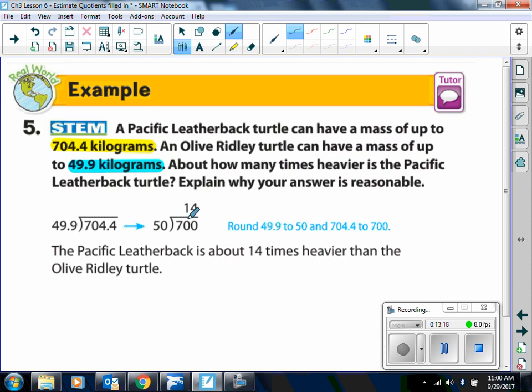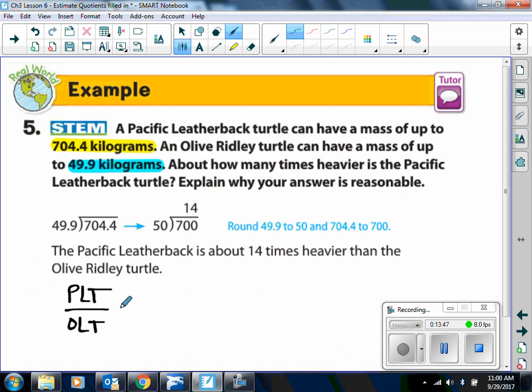I'm going to write this down so that you know what to divide. We are dividing the Pacific leatherback turtle, and we are comparing that to the olive Ridley turtle. Does everybody see that? This one is just like that other example we had yesterday.